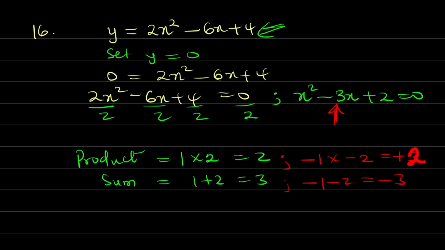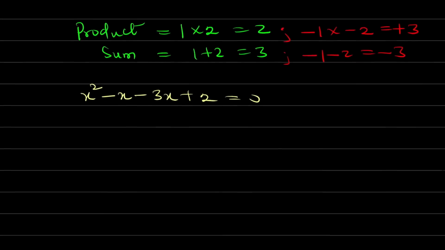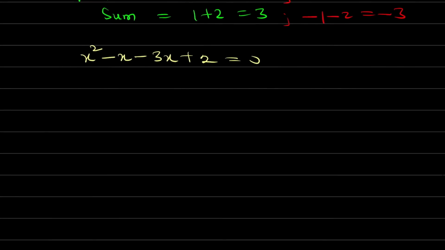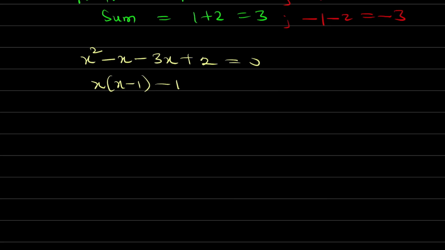Therefore, the equation now becomes x squared minus x minus 2x plus 2 is equal to 0, giving us x into bracket x minus 1 minus 2 into x minus 1 is equal to 0.